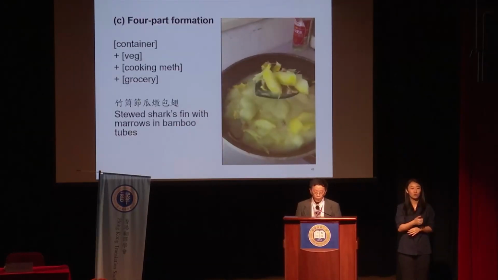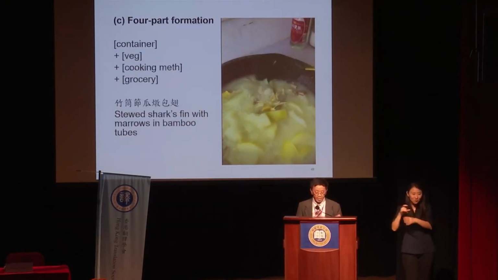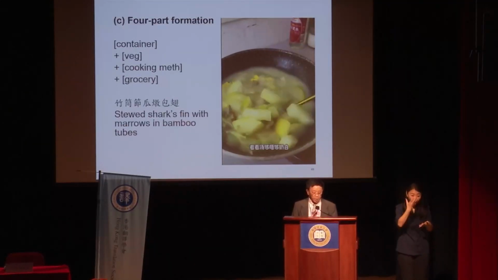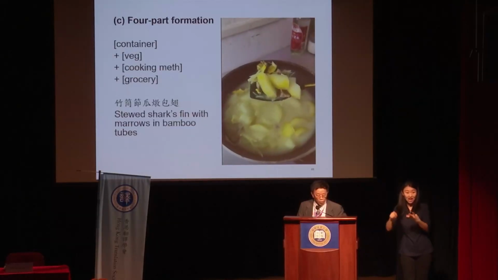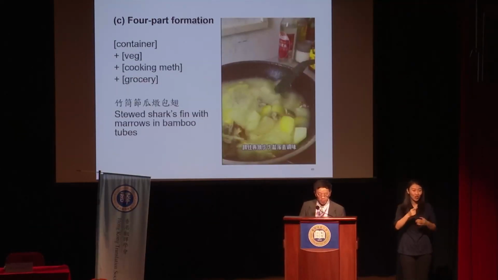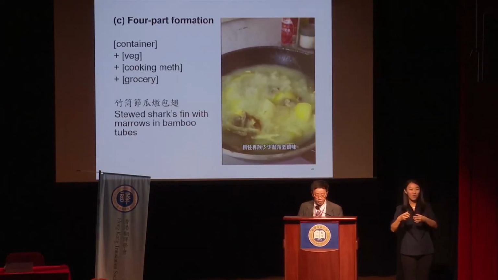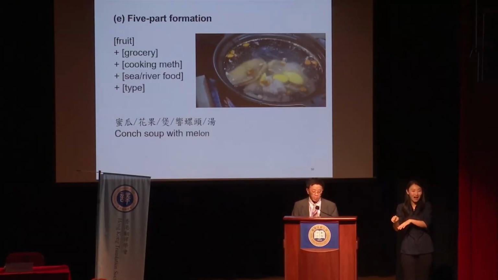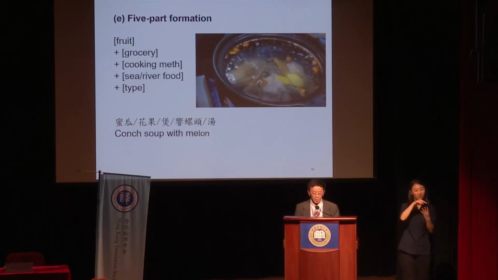We also have four-part formation. You have this container, vegetable, cooking method, plus grocery. One example would be 竹筒节瓜炖包翅. It's stewed shark fin with mallows in bamboo tubes. And lastly, what we call the five-part formation.